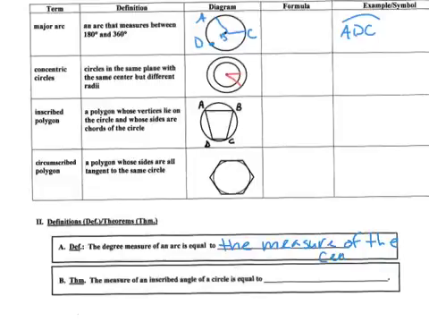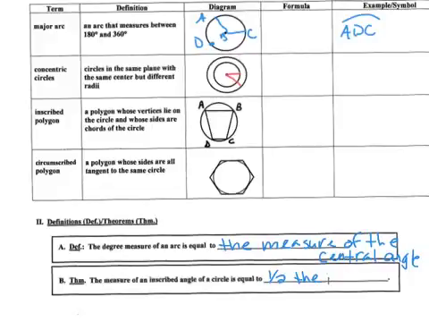So it's the measure of the central angle that subtends the arc. They are equal in measure. And that's if it's a central angle. But the measure of an inscribed angle is equal to half the measure of its intercepted arc.